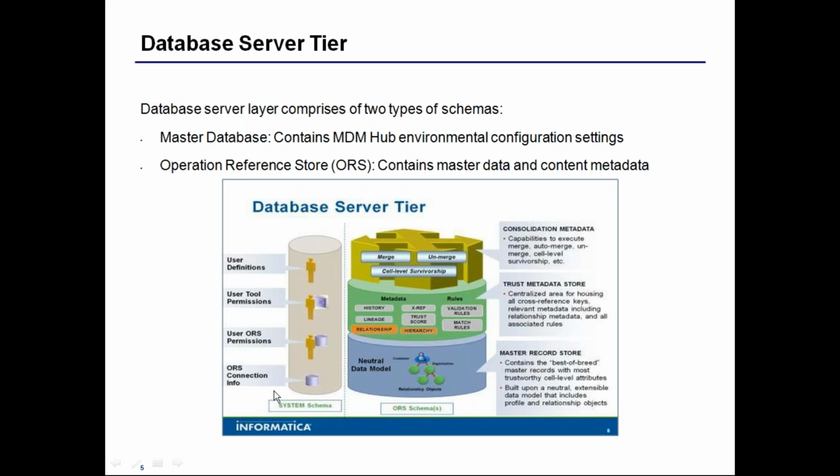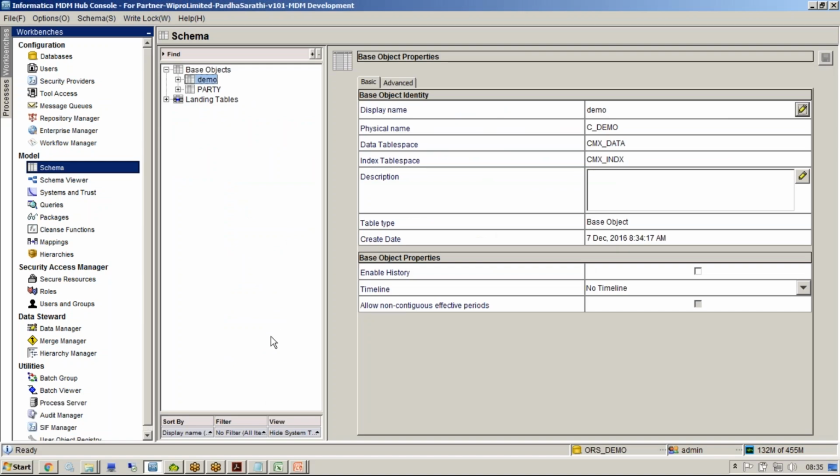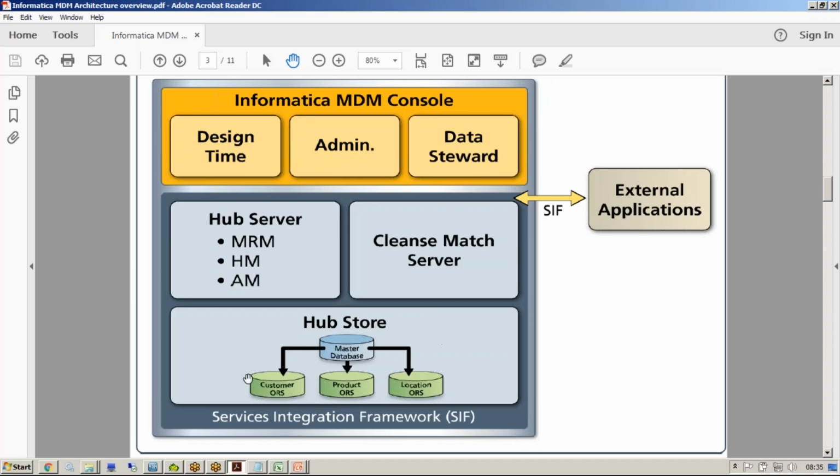So this is the master database and this is the ORS database. These are all the things that happen in the ORS, and these are all the things that happen in the master. But whatever I explained is more than enough. Still, if you want to learn more, go through the PPT. So that's what the lowest layer means.